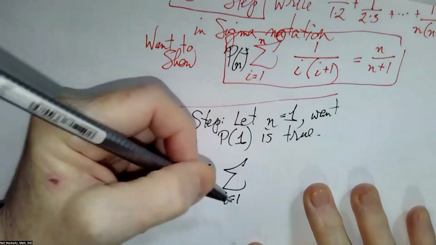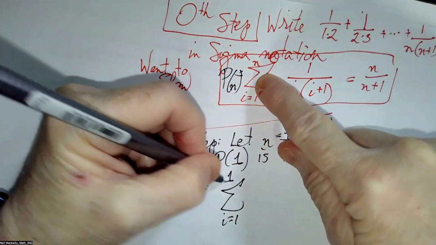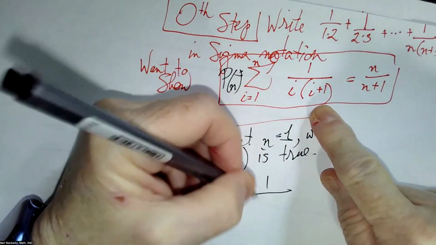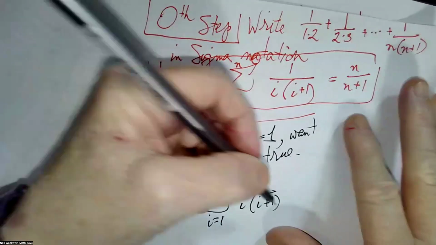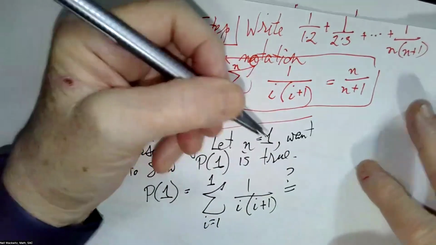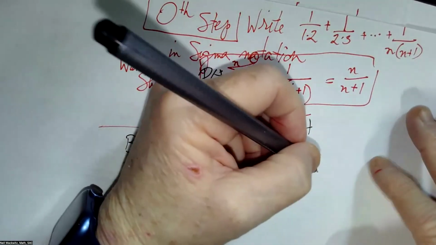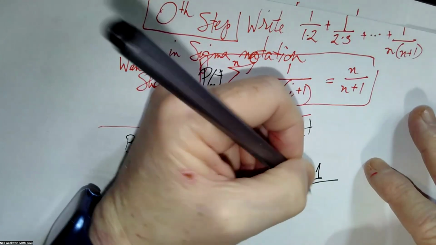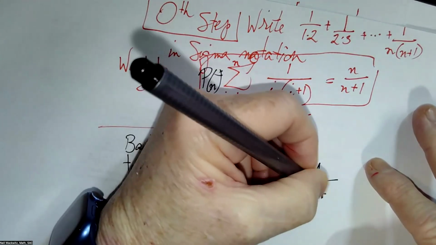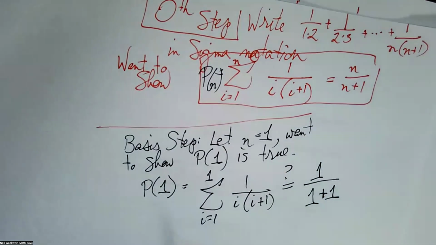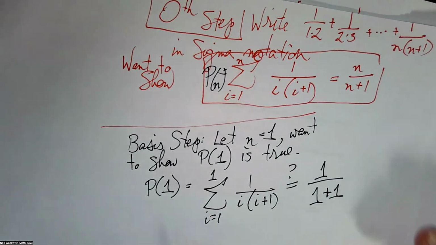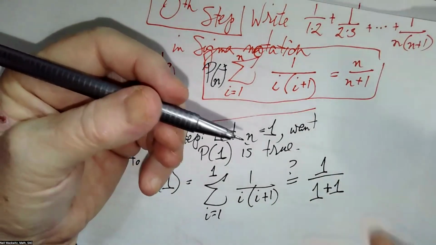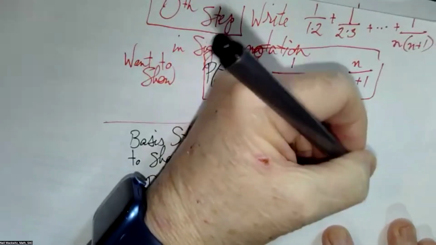The sum from i equals 1 to 1 of 1 over i times i plus 1. And we want that to be the same as 1 over 1 plus 1, and 1 over 1 plus 1 is just 1/2.